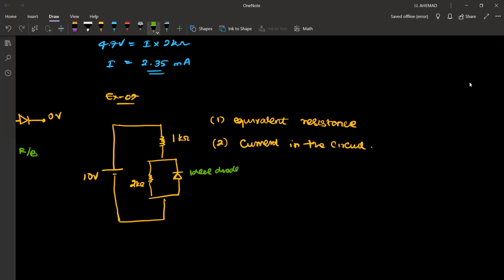So in an ideal diode, we know if there is forward bias, resistance is 0. If there is reverse bias, the resistance is infinity. What type of bias is this now? Forward bias or reverse bias? This diode.